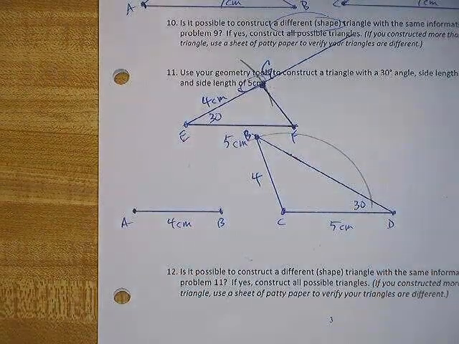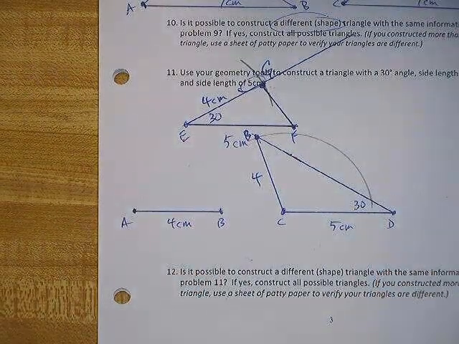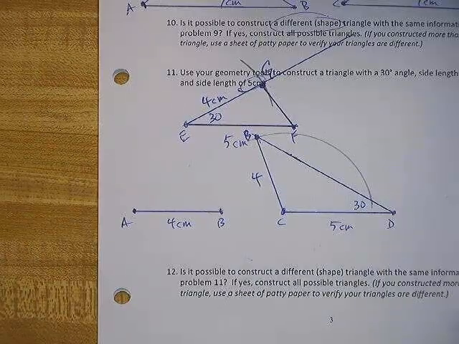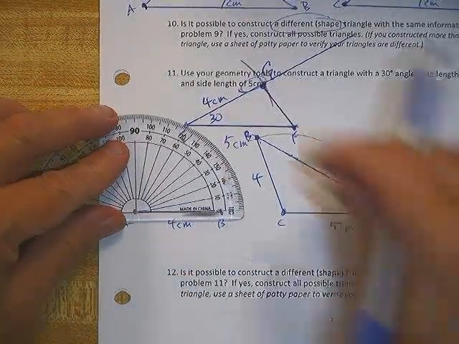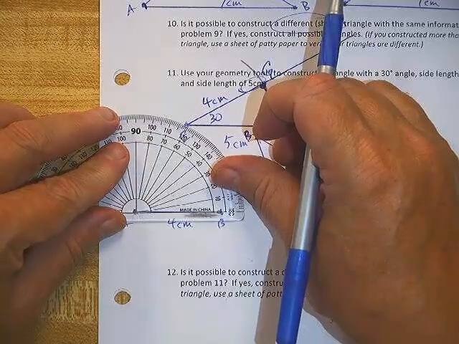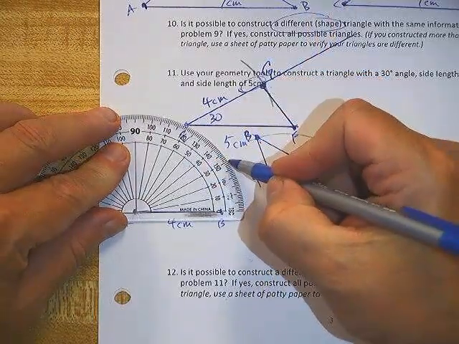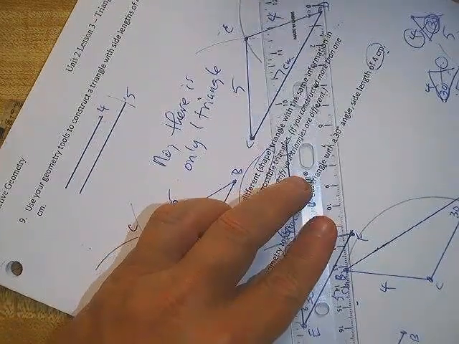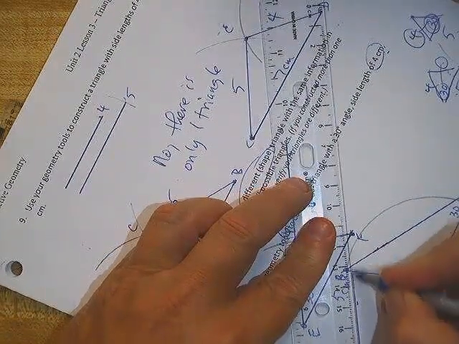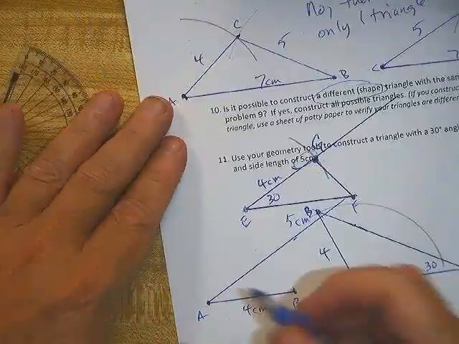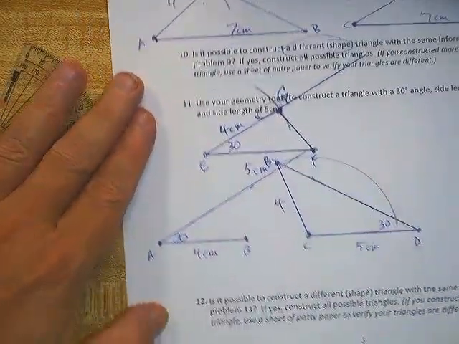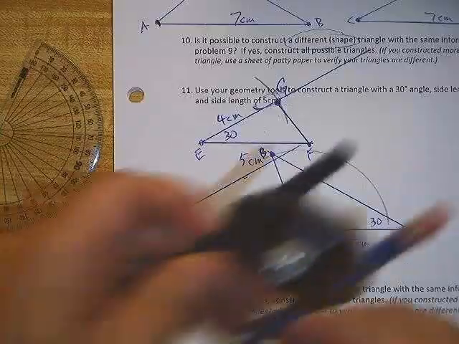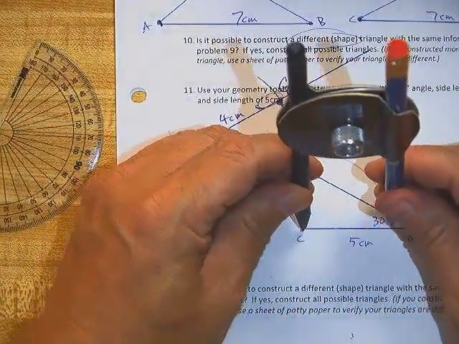Alright, so as I said, I'm going to put the 30 on the left and the 5 on the right. So 30-degree angle on the left. And then the right side, we're going to construct a circle with a length of 5.